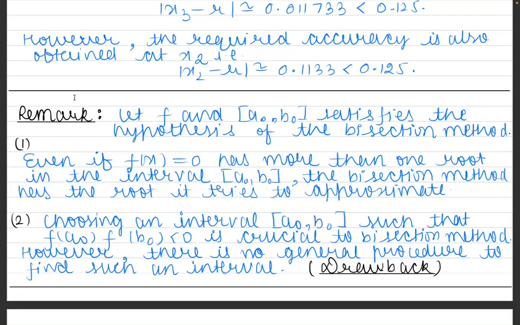And what is the process to find such an interval? You just check the product to be negative, which means that f is taking opposite signs. However, there is no general procedure to find such an interval.